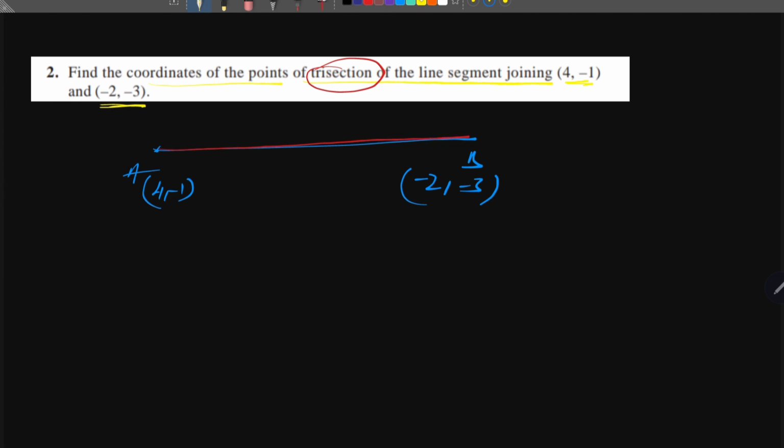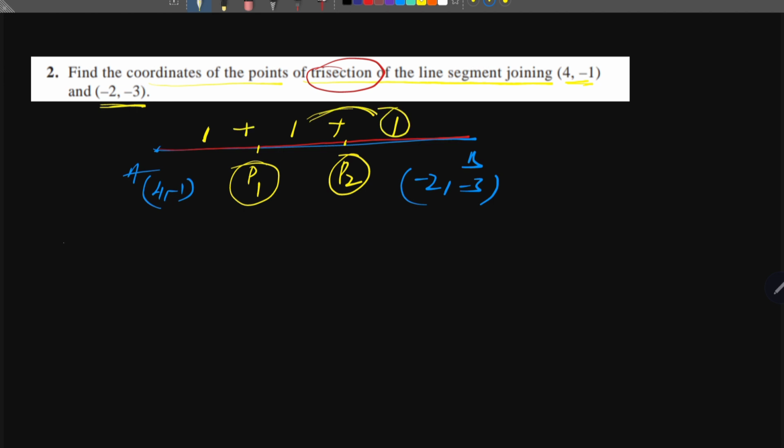How can I divide it? Just name two points. Let us take P1 and P2 dividing the line segment AB into 3 equal parts, 1:1:1. In this way, P1 divides the line segment in the ratio 1:2, with the two remaining parts added together. For P2, these two together are 2 and this one alone is 1.